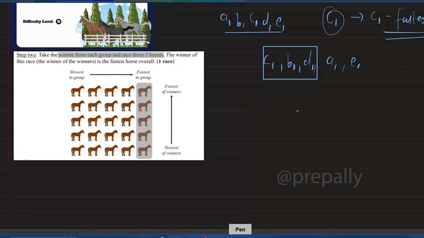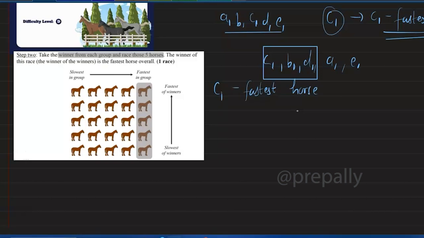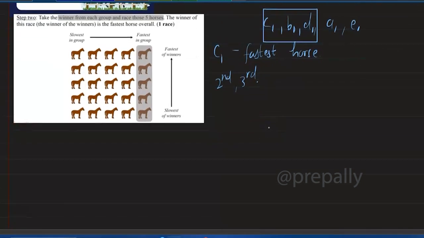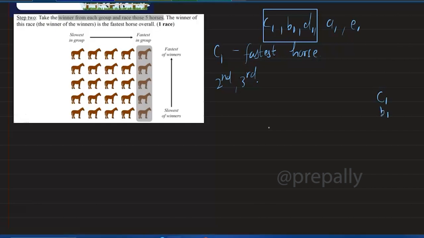So we already know that C1 is the fastest horse we have. Now for second and third, what we have is if we arrange horses in order of, let's say, C1, let's keep that order, D1, A1, and then E1, right?